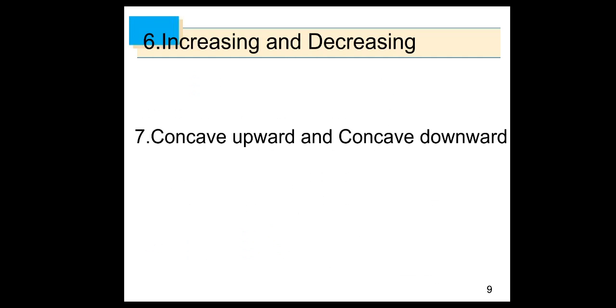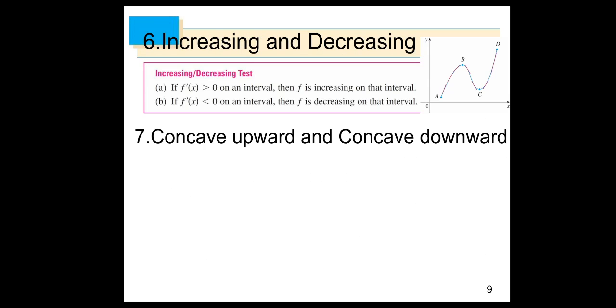All right, so that was all about indeterminate form and the rule. Now the increasing and decreasing test: whenever the derivative of f of x is greater than 0, it means that on the given interval the function is increasing, right? When the derivative of f of x is less than 0, it means that our function is decreasing on that particular interval, right?